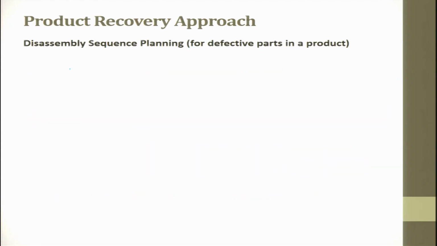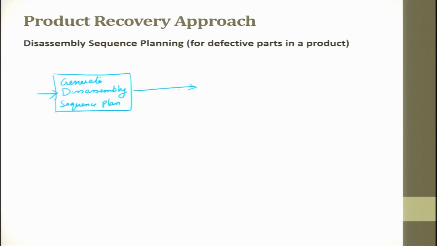So, when we try to draw a schematic diagram for disassembly sequence planning for defective products, first we generate the disassembly sequence plan. How are we going to remove? Next, it is going to be the DSP, the disassembly sequence plan, to perform disassembly.